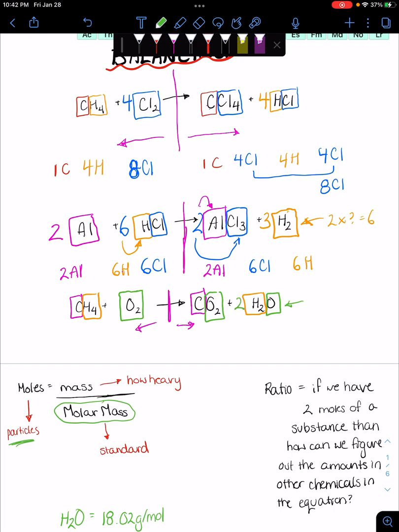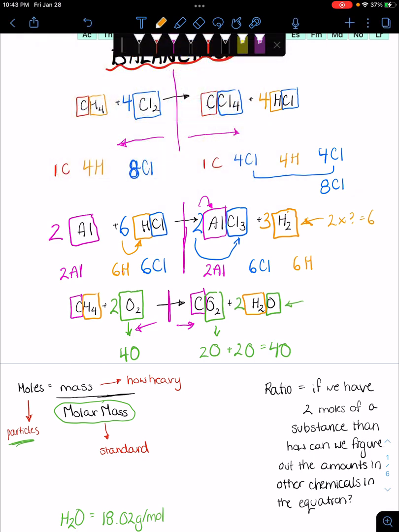Now we have 2 oxygens here plus our 2 oxygens there, so that equals 4 oxygens. And then on this side, 2 times what equals 4? I think we all know that one. It's going to be 2. And then we've got 4 oxygens on this side.